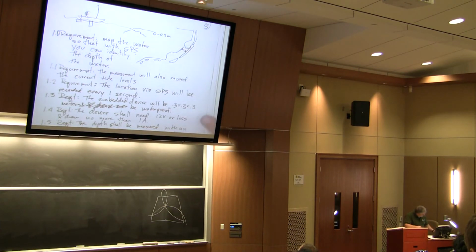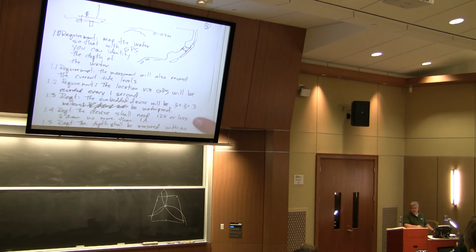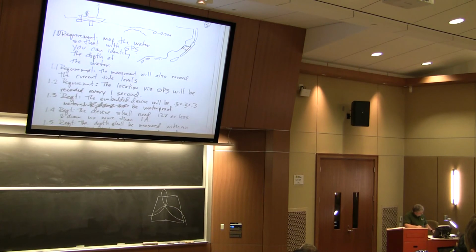So let's look at what else we have. 12 volts or less and draw no more than 1 amp. Is that hardware, software? Depth shall be measured with an OTS fish depth finder every 1 second. Hardware, software, or both?